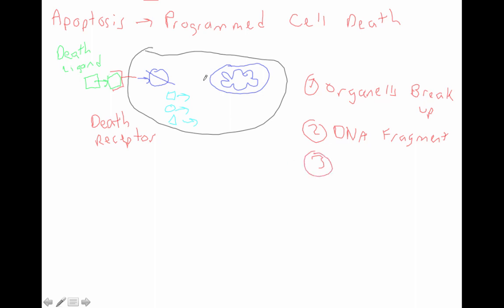They will cause the entire cell to fragment. Or I'm going to use the word breakup because that seems to be a little more appropriate. And what I mean by that is this large cell here will now appear as small fragmented parts of the cell. Within these parts of the cell that have just been broken up, you may find parts of the cell membranes in here.